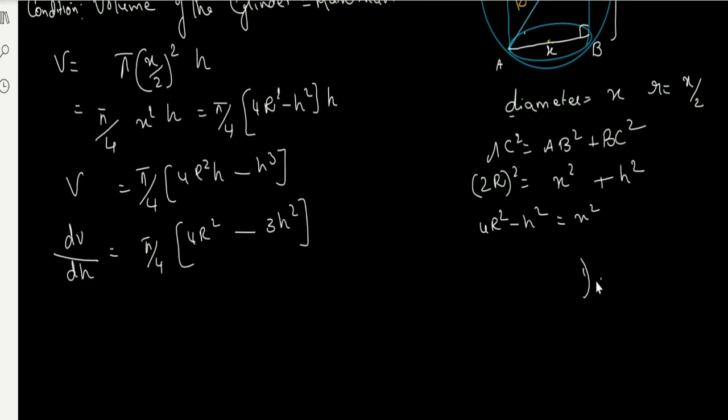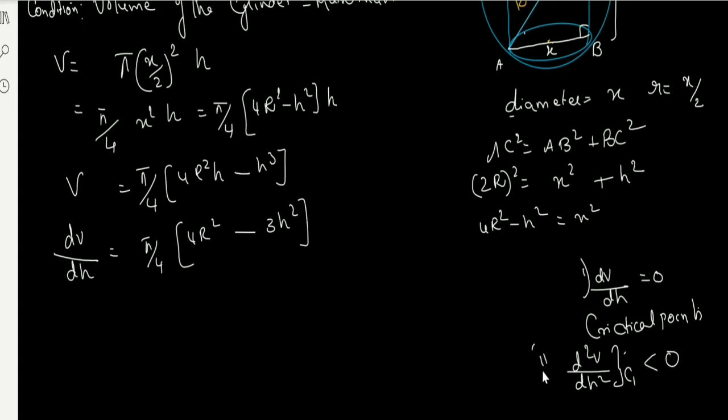First we differentiate and equate to 0 to find the critical points. Then we have to find the second derivative, d square V by dh square. Substitute, and if it is maximum at the critical point, you will get d square V by dh square less than 0. So that is the second step.